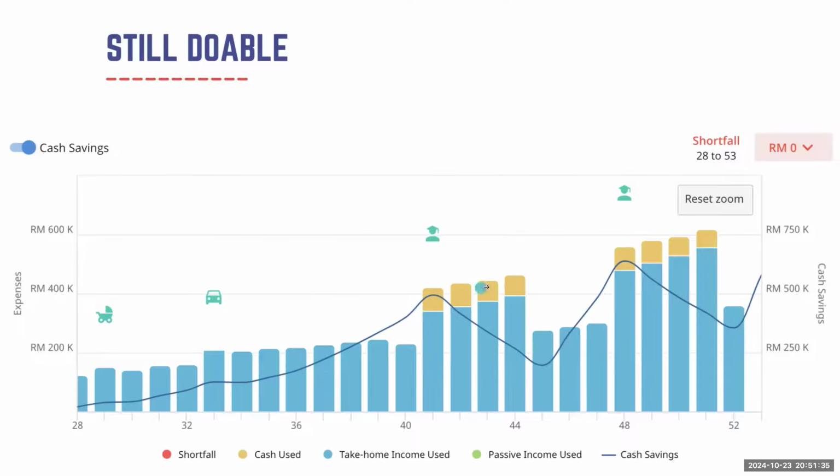So you can see that when they are in university, you might have to dip into the piggy bank a little bit to sustain it through that period, but it's still doable. So this is a quick simulation to understand whether they can afford it. Is it going to be a problem?